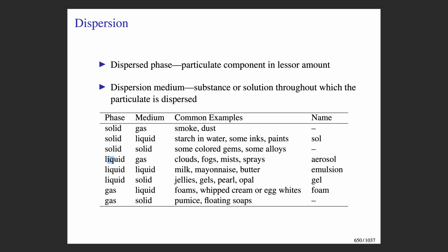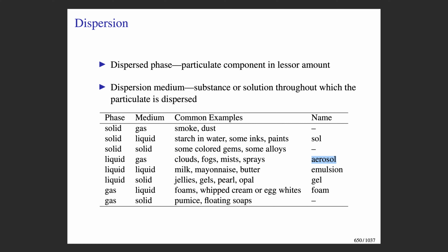You can also have a liquid dispersed throughout a gas. So these are things like clouds and mist and sprays. We call those aerosols. Liquid dispersed through another liquid: milk, butter, mayonnaise. These are called emulsions.